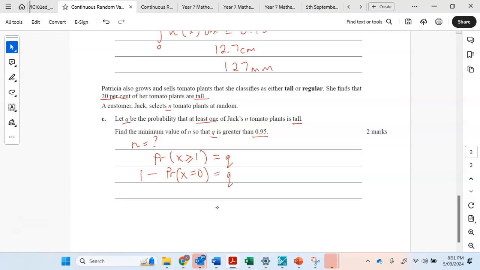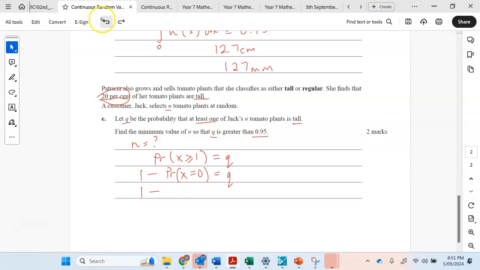Now, the way the binomial comes in is 1 minus the probability that X is equal to 0. I don't actually need to do this, but I'm going to set it up anyway, just to show you. The probability that it's tall is 20%, so 0.2. Oh, I forgot one part.